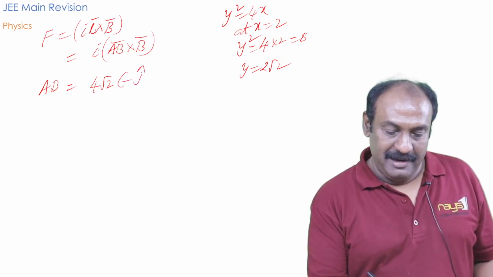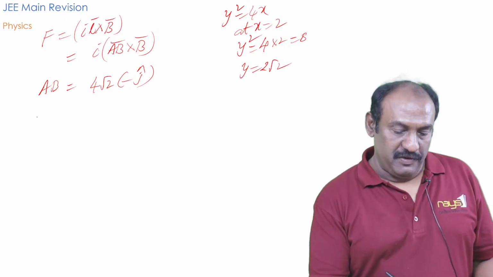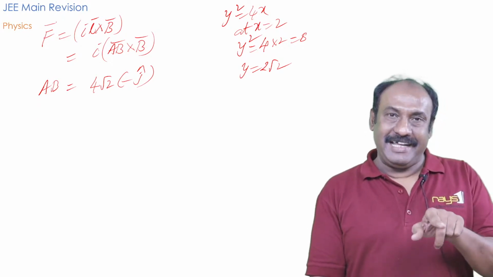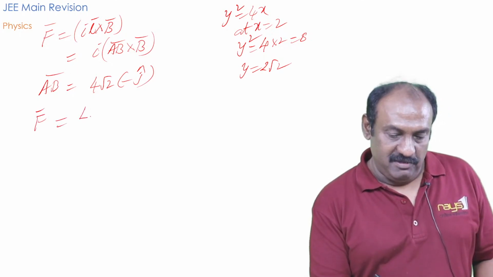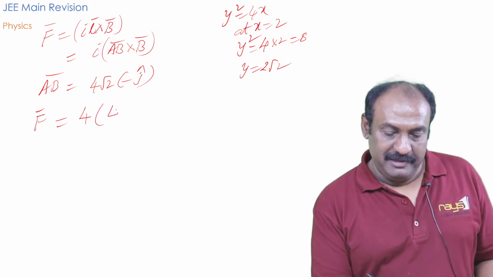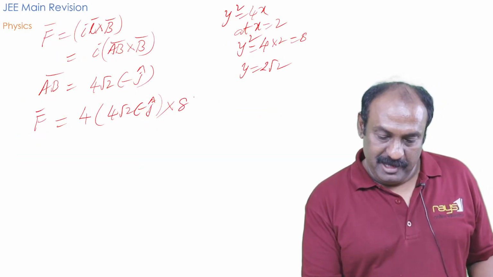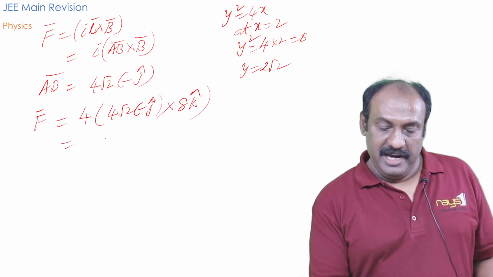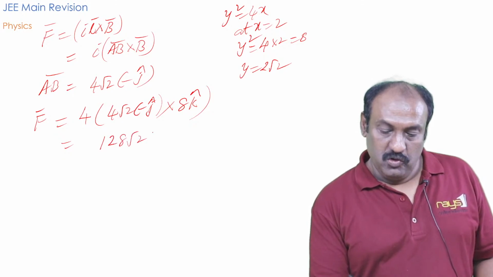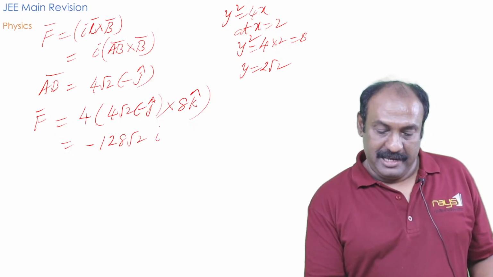So it is minus j cap, and B value is given. Now the force acting on the current carrying wire is F bar equal to I value 4 into L bar, AB bar, that is 4 root 2 into minus j cap cross B bar, which is 8 k cap. That equals 4 into 4, 16, into 8, 128 root 2 into, with the minus sign, j bar cross k bar, I cap.